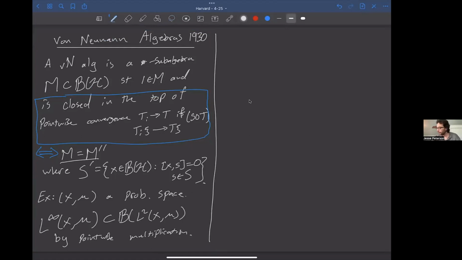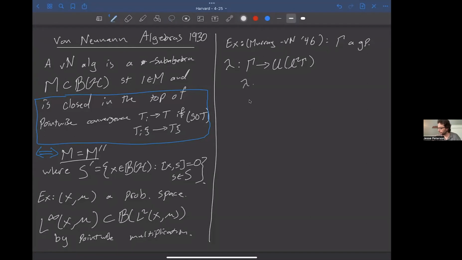Another example of a von Neumann algebra, due to Murray and von Neumann in 1946, is this: if we have gamma a group, we can consider the left regular representation of gamma on little L2 of gamma. This is given by convolution, if you like.